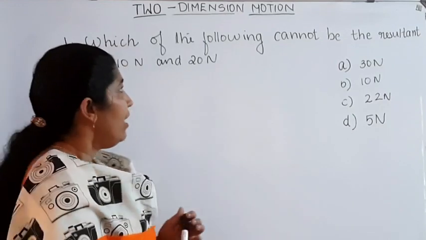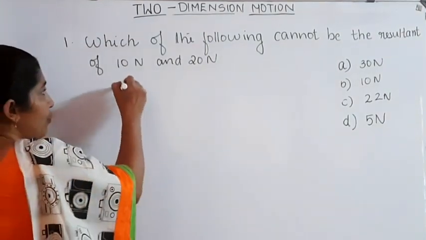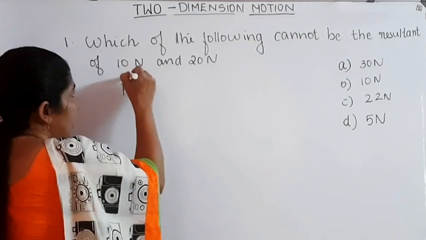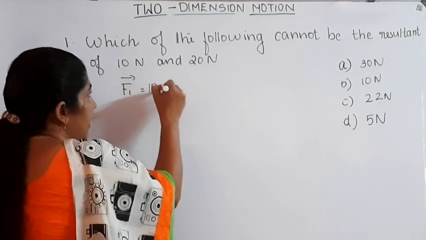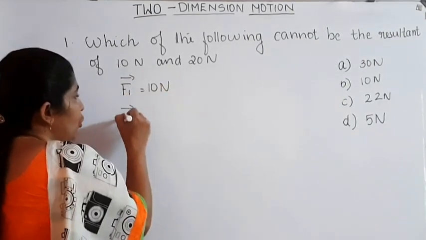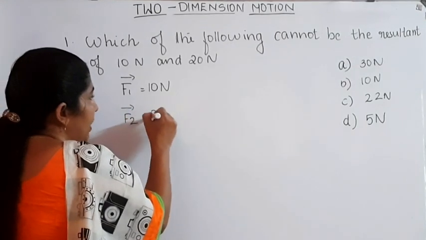For this, we can consider the first force F1 is equal to 10 Newton and the second force F2 is equal to 20 Newton.